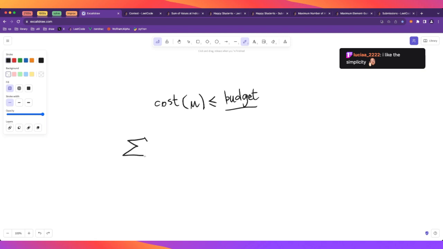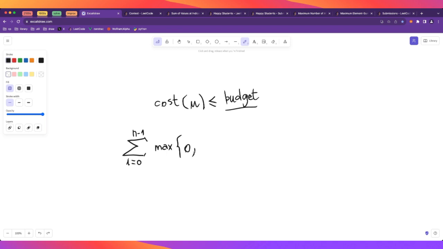This is how you write sums in math, with the sigma. It's the sigma function, right? And we want this I for the metal, and we have the maximum between 0 and what?